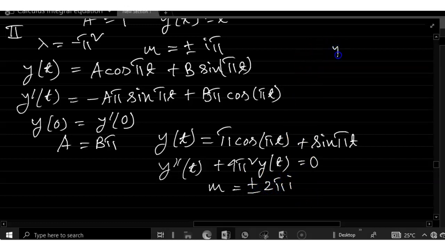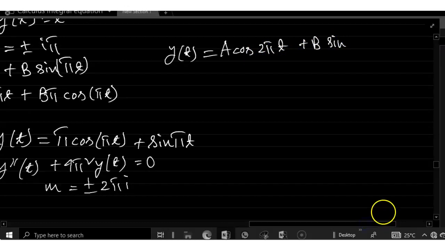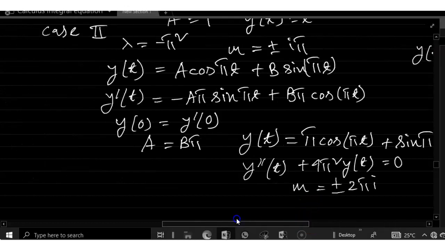So yt equals cos 2 pi t, sin 2 pi t. So I have cleared the concept.